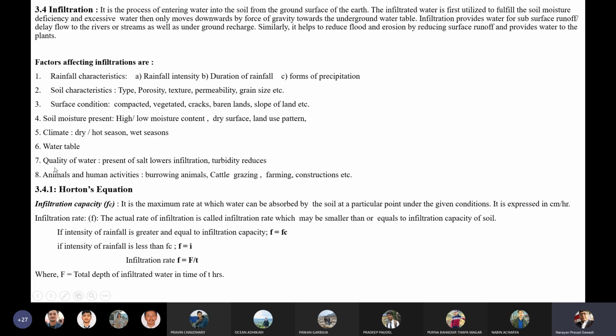So the ground soil that is tunneled by animals becomes loose, and that soil can absorb more water. That water can be infiltrated into the ground easily. So animal activity also helps to increase the infiltration rate.